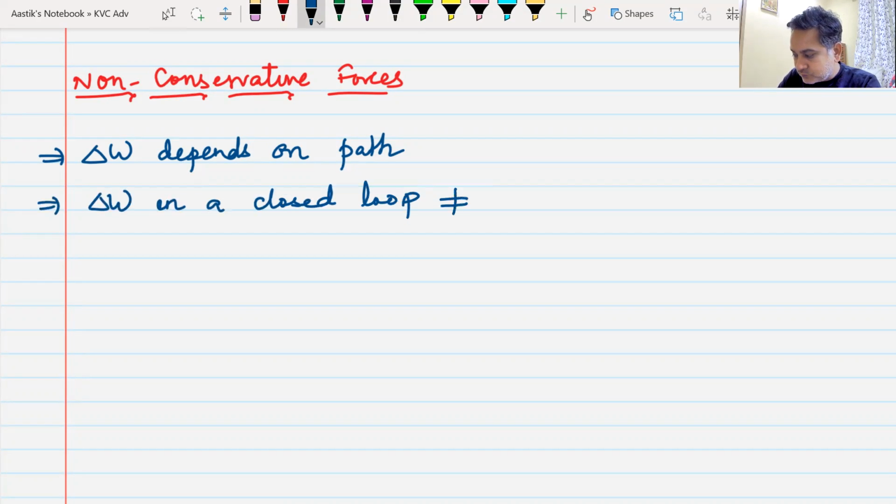So if I move a block in a round circle, the work done by gravity is zero, but the work done by friction is not zero. Do we understand this? Yes or no?